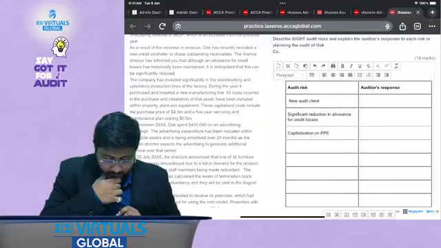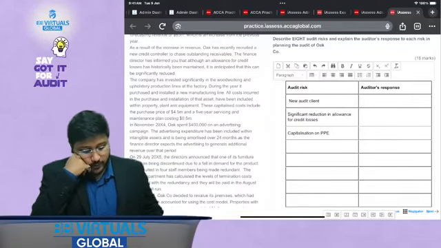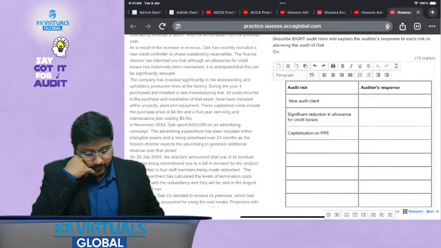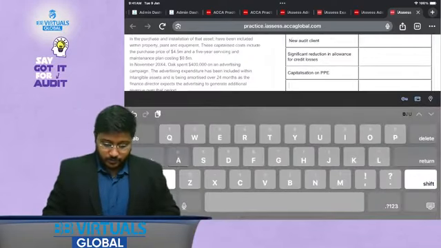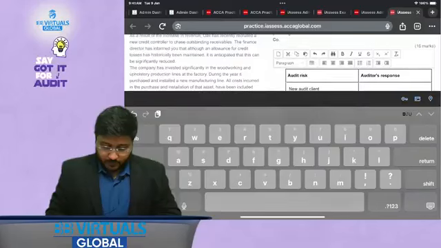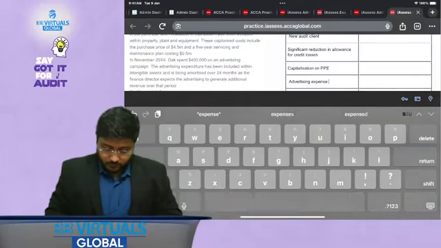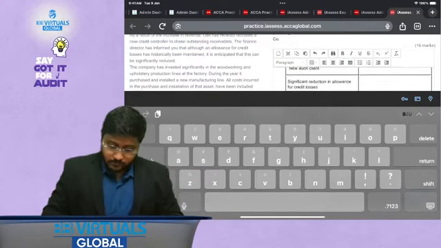Now, in November 2024, Oak spent $400,000 on an advertising campaign. The advertising expenditure has been included within intangible assets and is being amortized over 24 months as the finance director expects the advertising to generate additional revenue over that period. So, advertising expense capitalized.